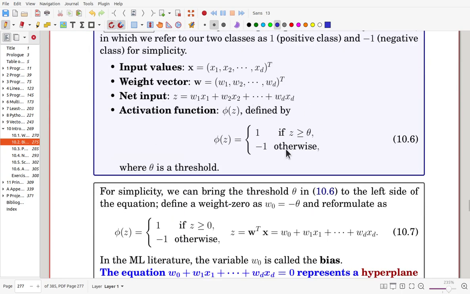Along with this activation, we get the value and compare it with the label. Once it is wrong, then through iteration, we try to update.